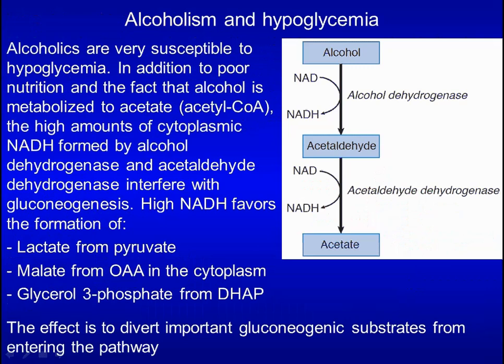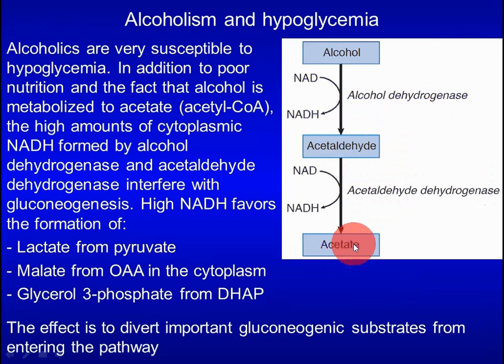Gluconeogenesis can be affected by consumption of alcohol. Ethanol is oxidized to acetate by two enzymes, alcohol dehydrogenase and aldehyde dehydrogenase. These two reactions, along with further metabolism of acetate, can generate a large amount of NADH.